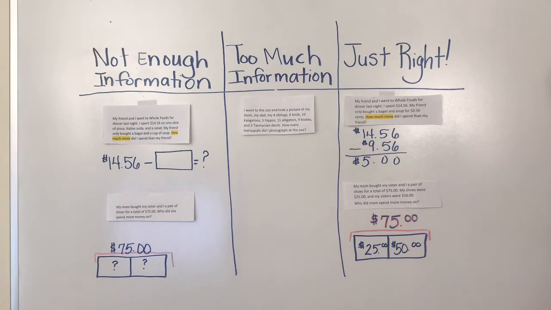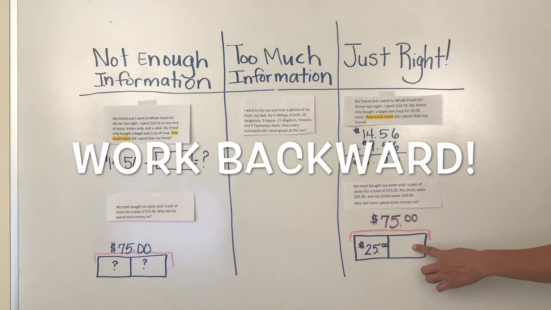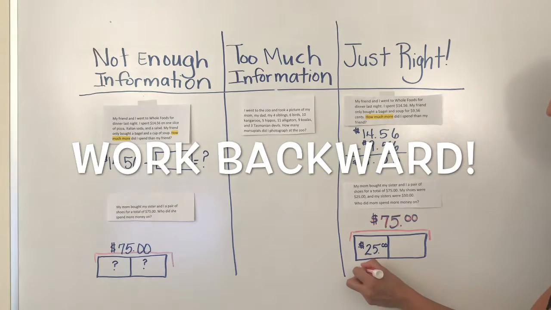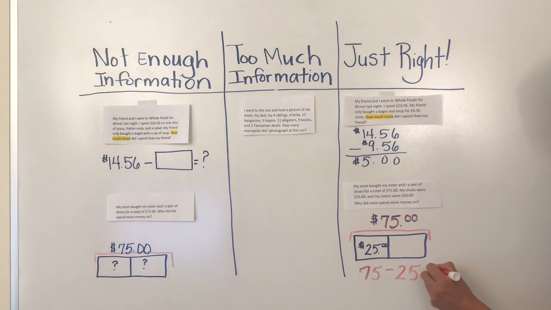And if one of these were missing, for example, if I did not know how much she spent on my sister, but I know how much she spent on me, I am able to subtract $75 minus $25. And that gives me a difference of $50.